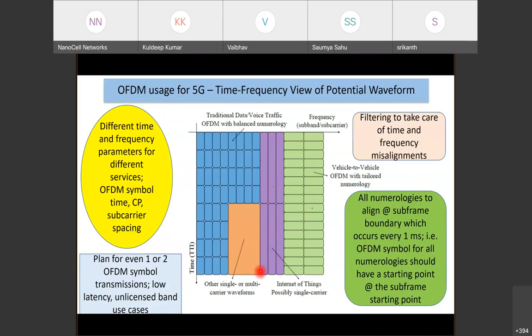This was a very early stage contribution to the 5G standard, showing the vision of how the multiple subcarrier spacings come into play. So this gives you an idea of the overall flexibility. Here the axis is time and this axis is the frequency axis.